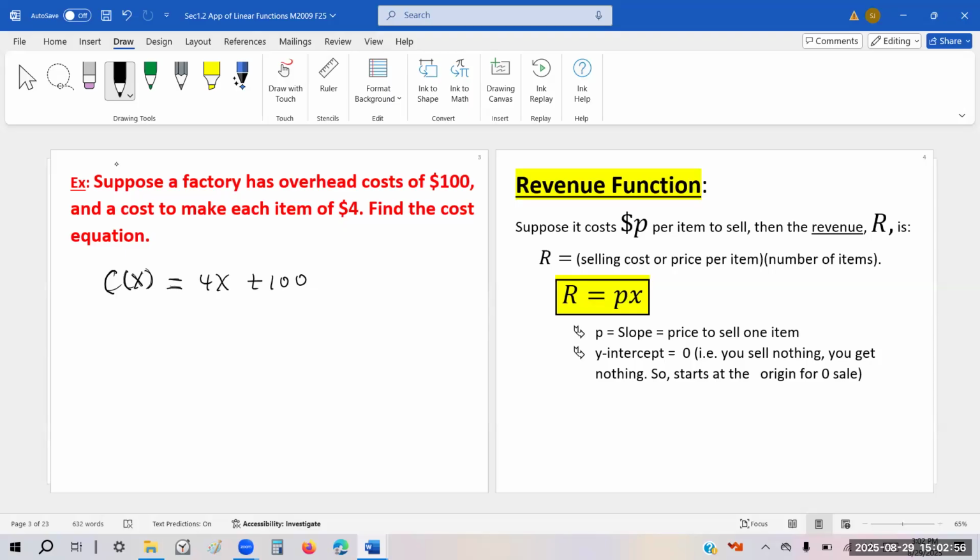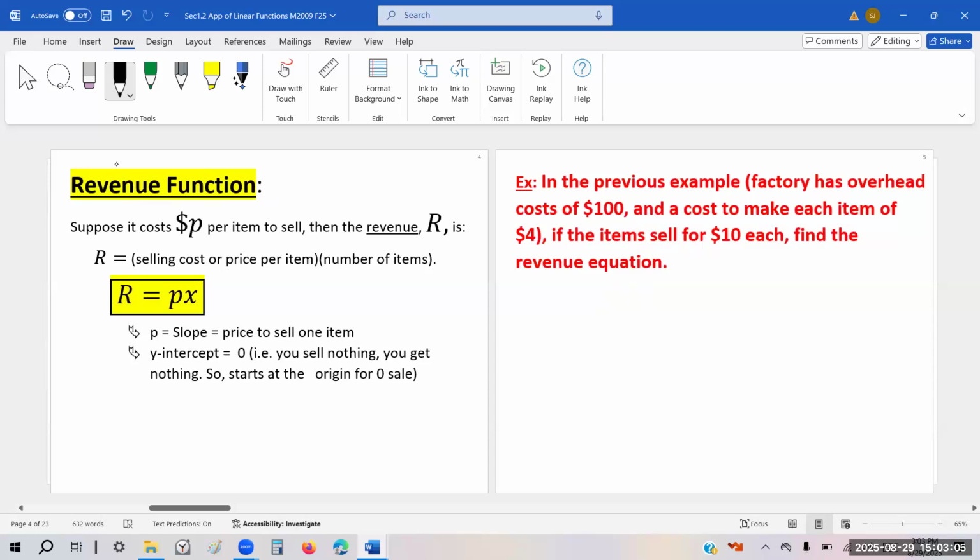So you used money to buy, and then you sold something and you got money. Let's do one example with this scenario. In the last example, we did buying. So we had our cost function, it was 4x plus 100. And now you're going to make money.